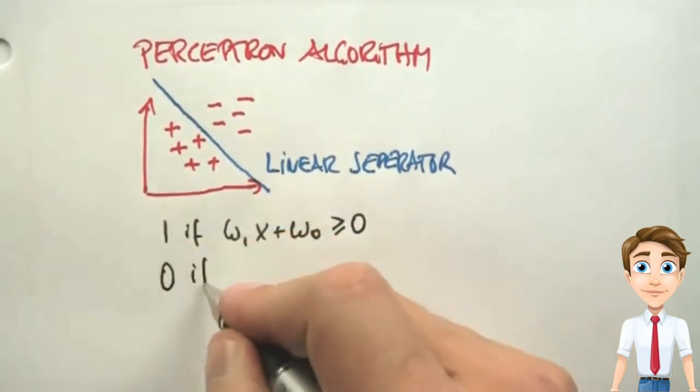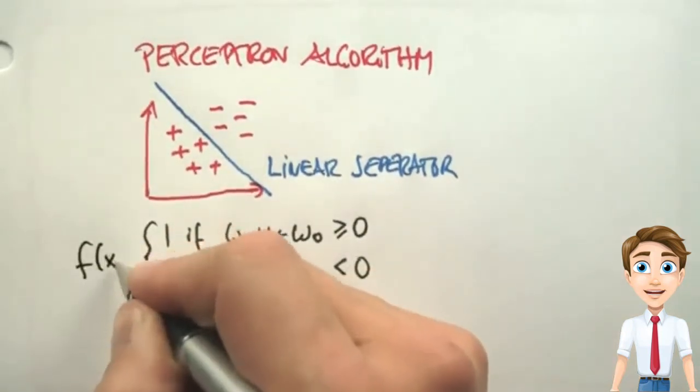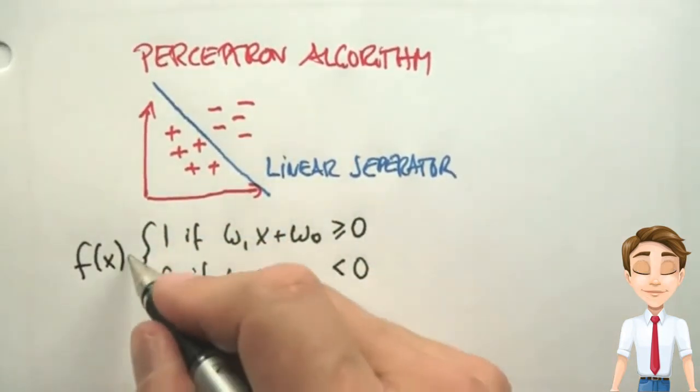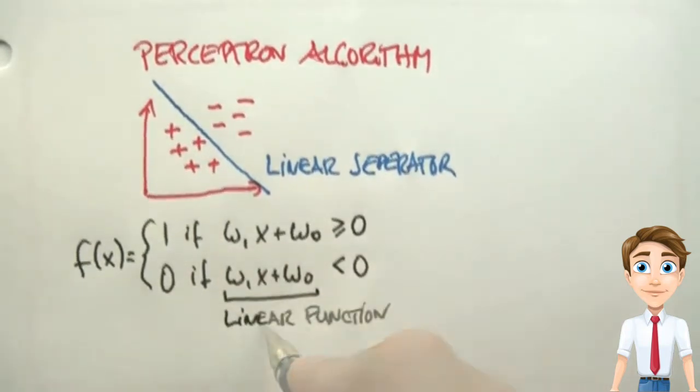Otherwise, we call it 0. So here's our linear separation classification function, where this is our common linear function. Now, as I said, perceptron only converges if the data is linear separable, and then it converges to a linear separation of the data, which is quite amazing.